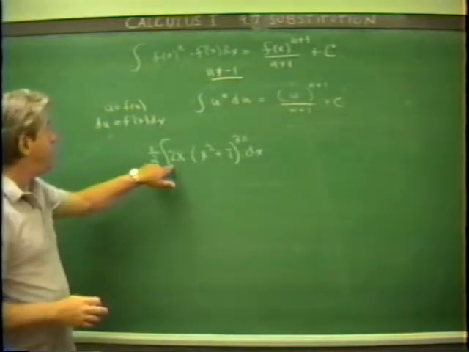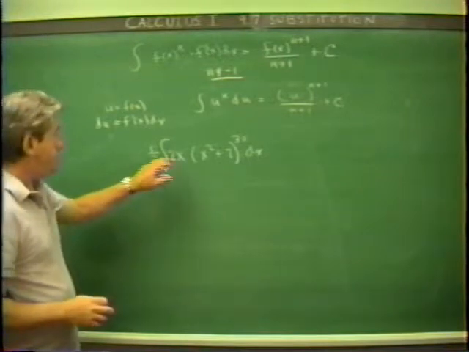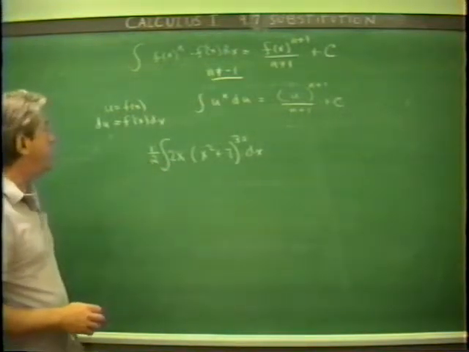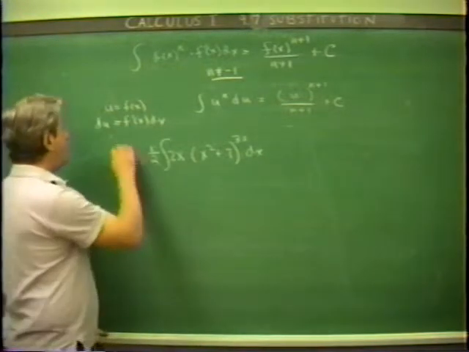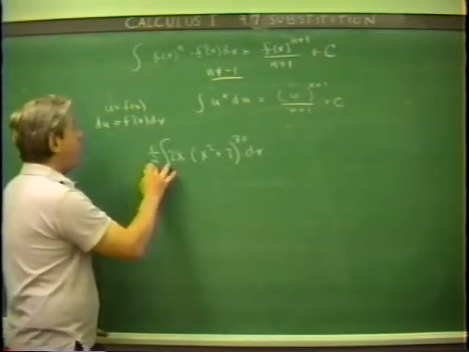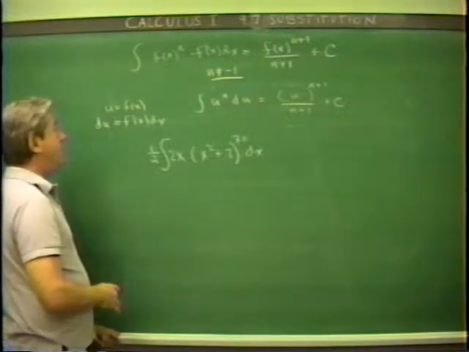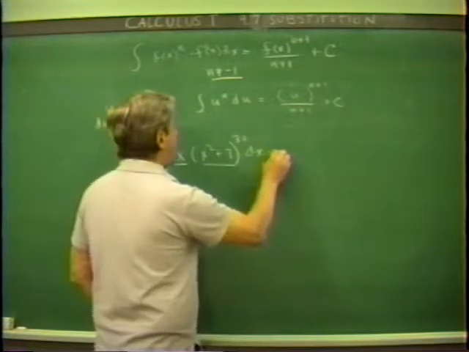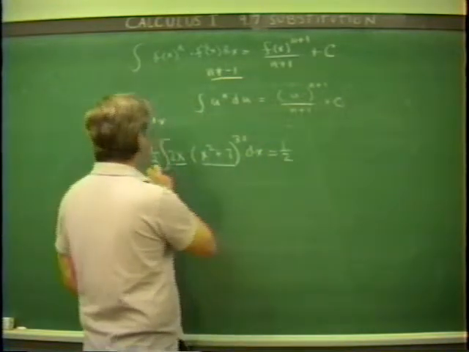If we multiply by 2 here and a half on the outside, which is legitimate because the antiderivative of a constant times a function is the constant times the antiderivative of the function, and it's one of the few legitimate things to do here. Then we recognize that we've got f prime of x times f of x to a power.